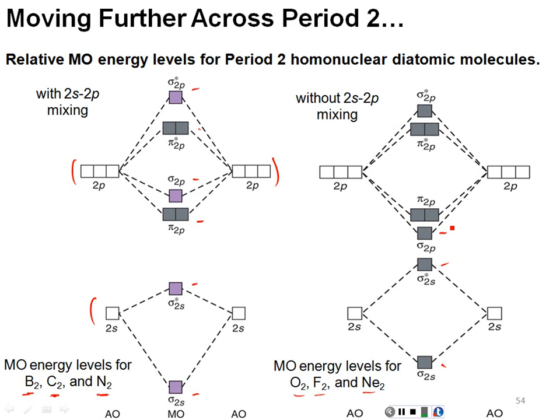The next lowest energy orbital would be sigma 2p followed by pi 2p. So these are reversed. And then the top is the same, pi star 2p and sigma star 2p. So it's important that you remember these patterns.